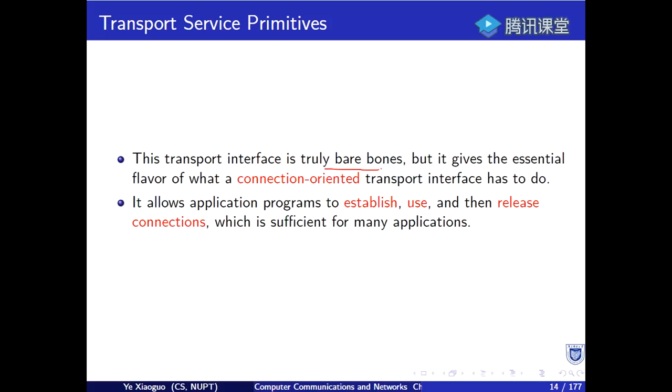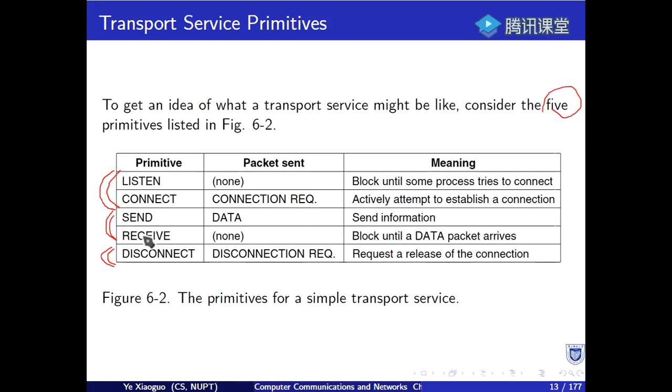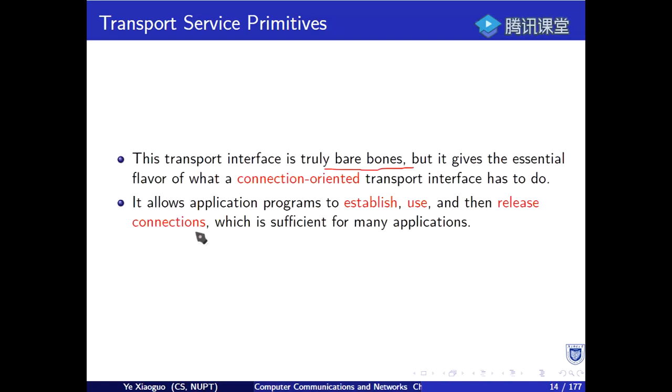It is truly bare bones. That means these five transport primitives are the basic backbone, but they give the essential flavor of what a connection-oriented transport interface has to do.